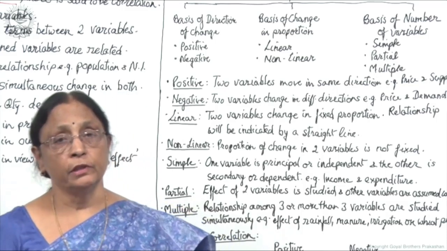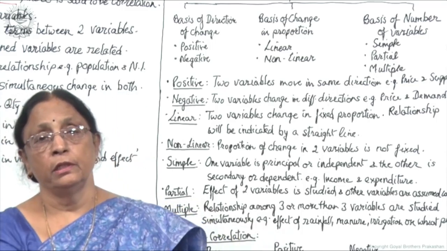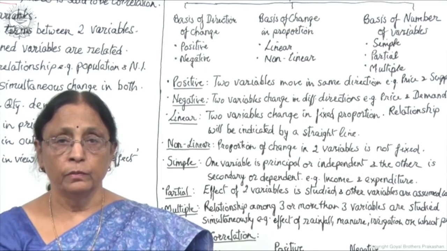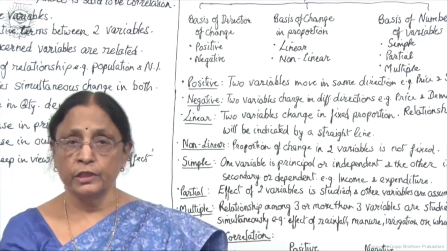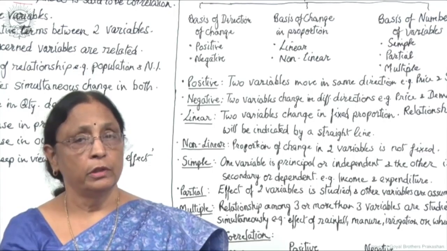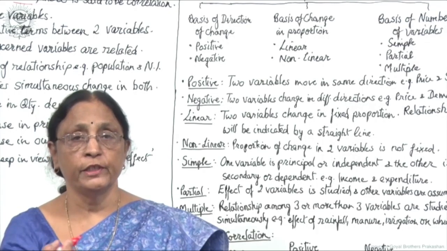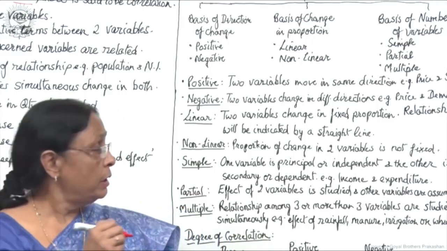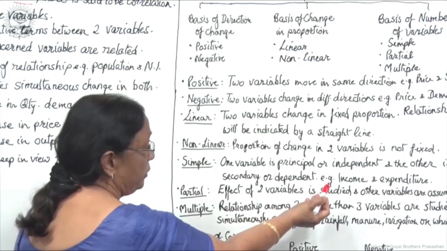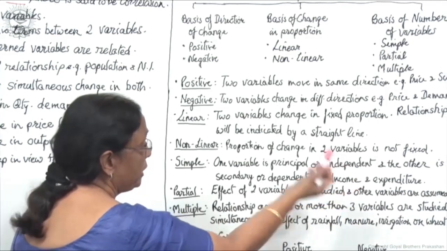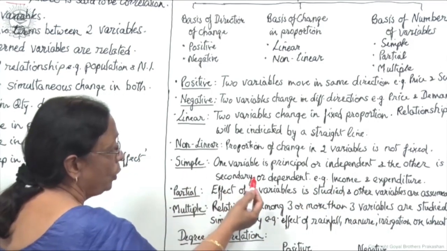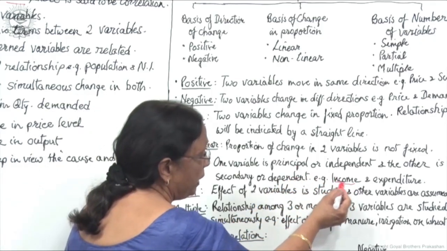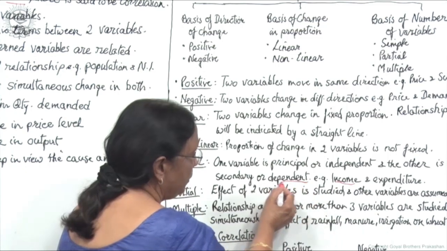You know that whenever income increases, obviously the person will spend more on purchasing goods, so his total or personal expenditure will increase with the increase in income. Here income is independent and expenditure is dependent.